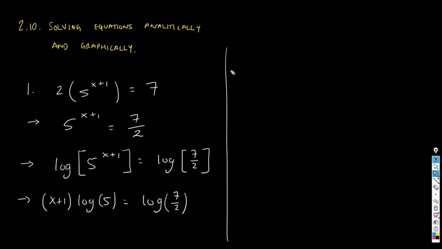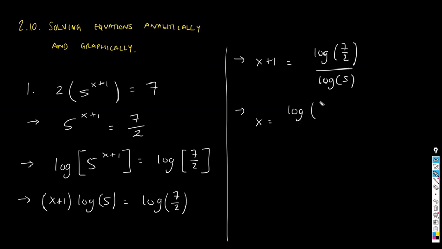Now we have this. Next, I'm going to divide both sides of this equation by logarithm of 5. And finally, x will be equal to logarithm of 7 over 2 over logarithm of 5, minus 1.